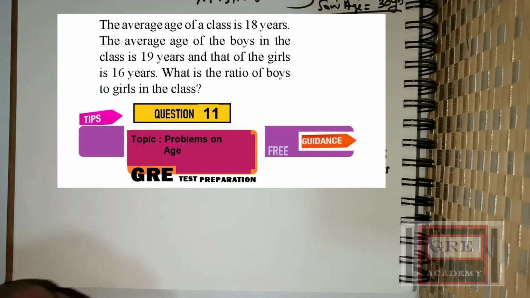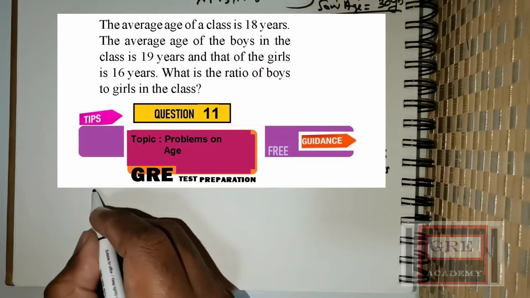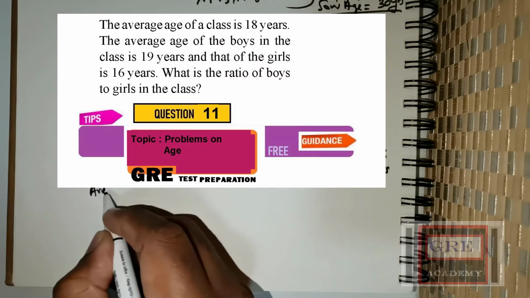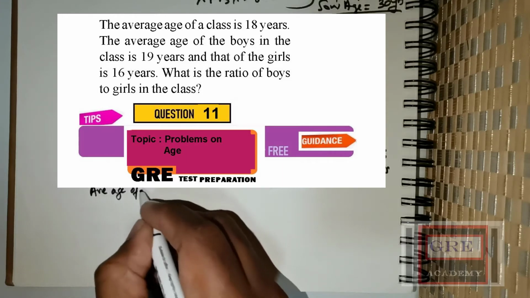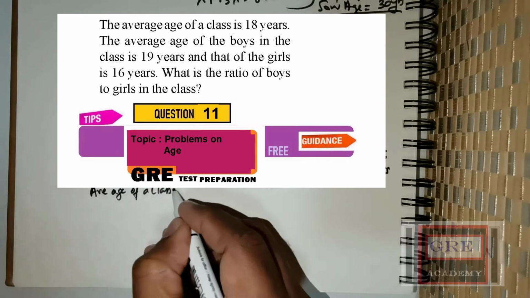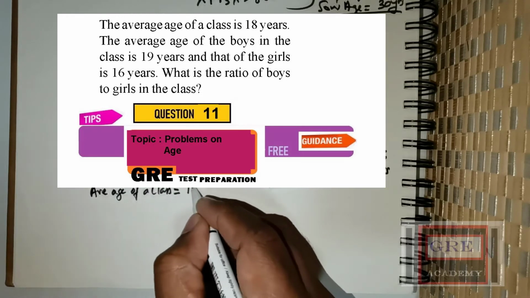Students, in this question we are given the average age of a class. Okay, let us write that down. The average age of a class is given to be 18 years.